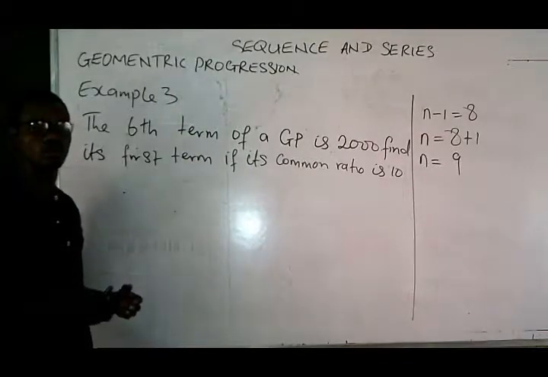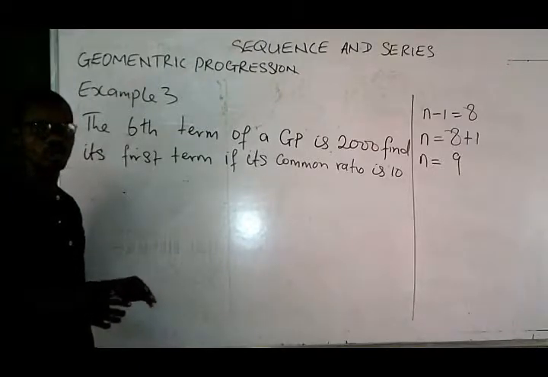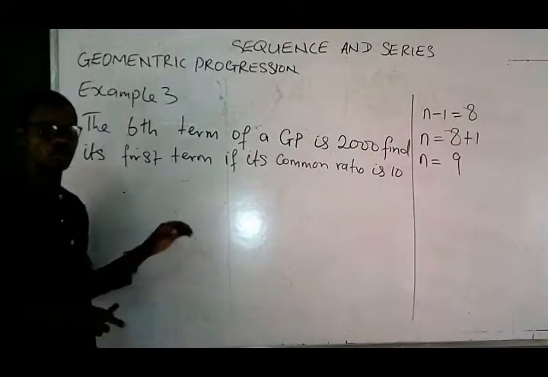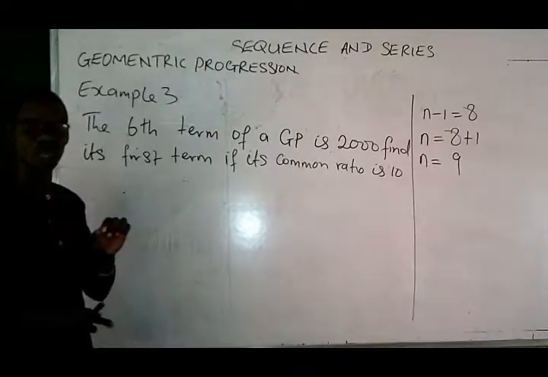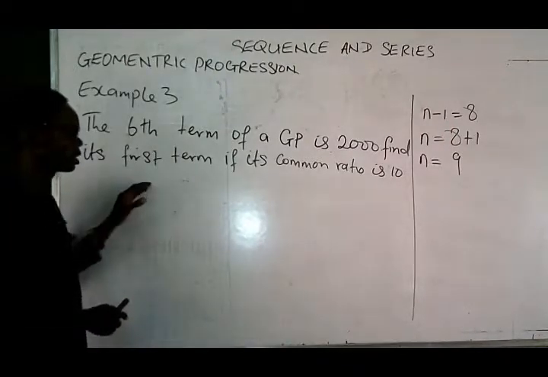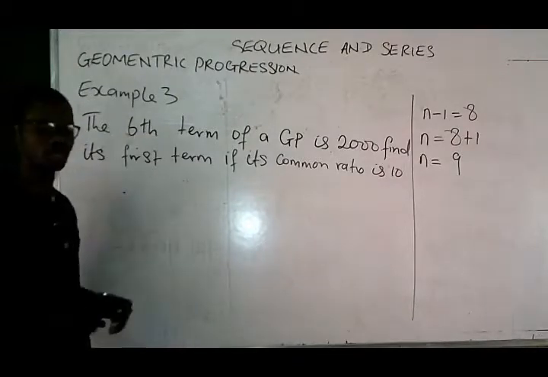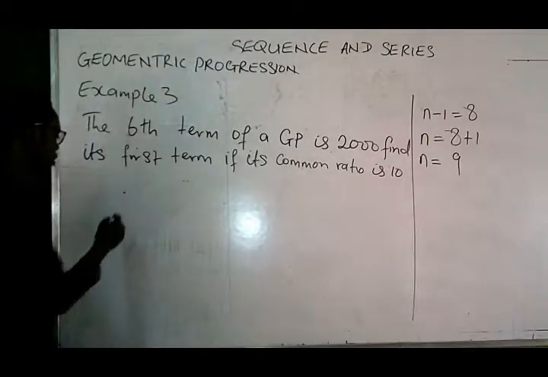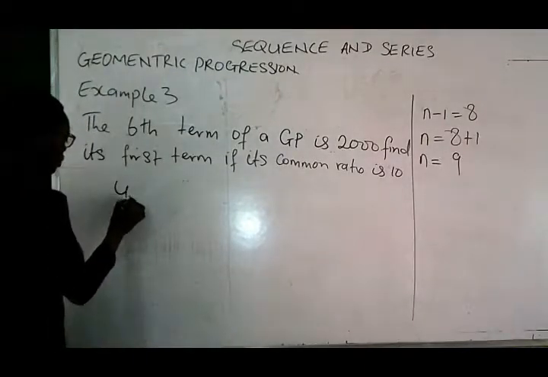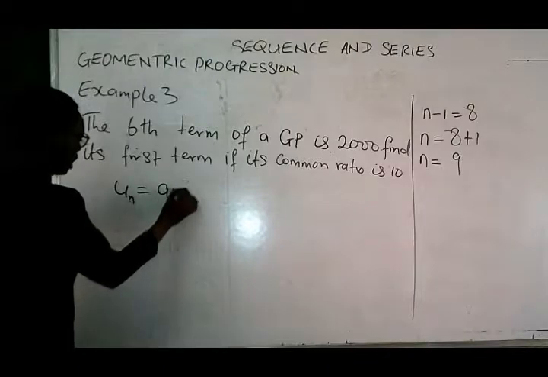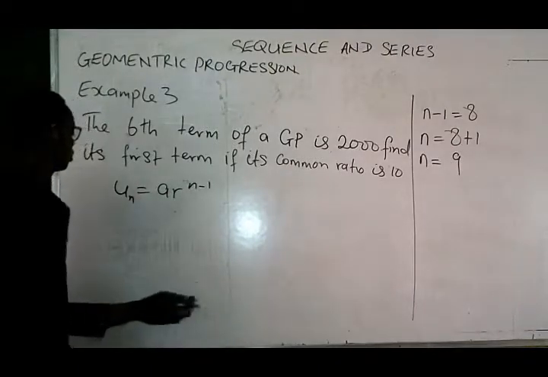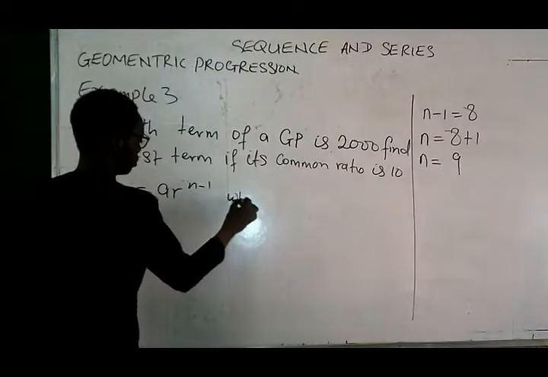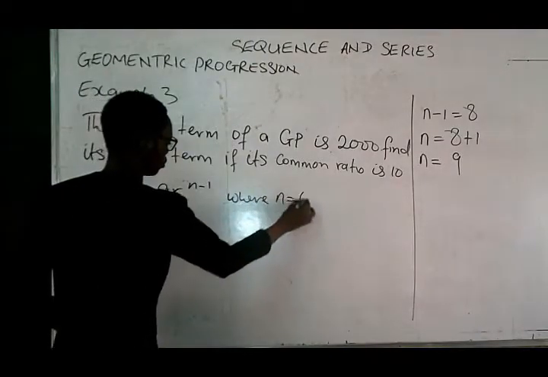In order to solve this, students must have in mind the general formula for solving the nth term of a geometric progression. The general formula is Un equals a r to the power n minus 1, where n equals 6.